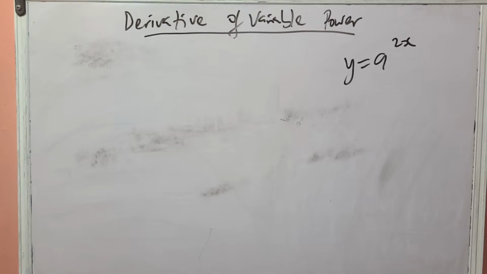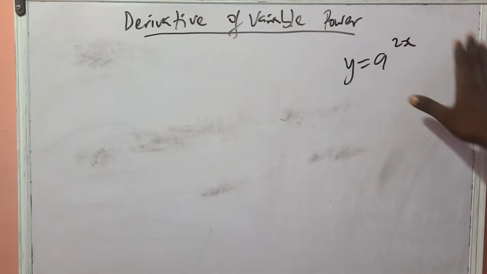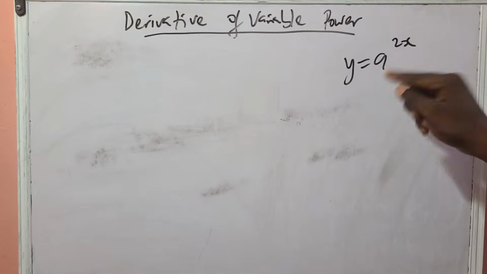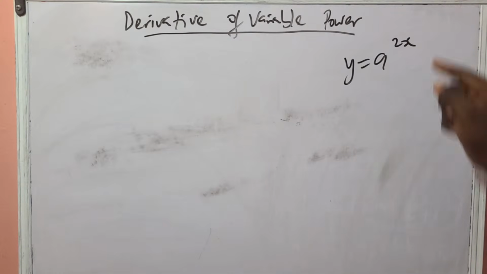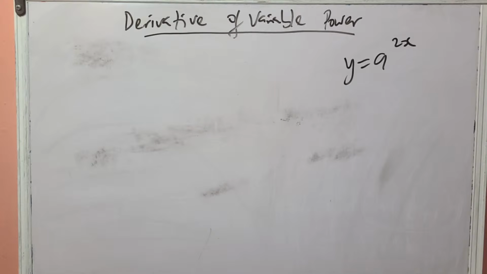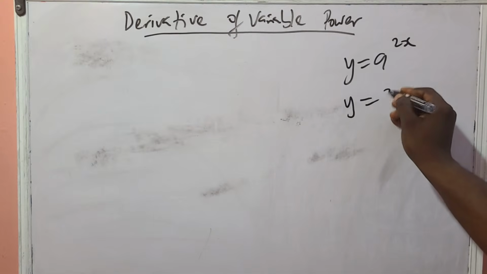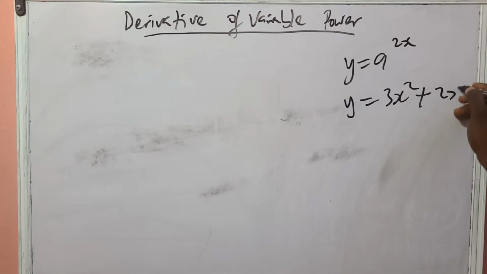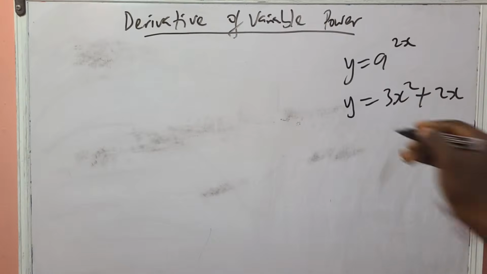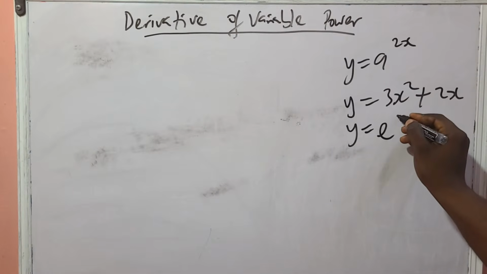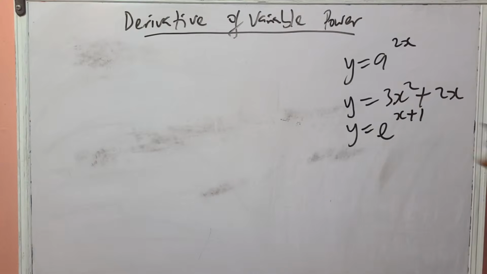I need to give you a bit of background on this. Everything we have been solving, we said exponential. In that case, you saw an e raised to power something. We said polynomial. When we said polynomial, you had a situation where you said y equals maybe 3x squared plus 2x. This is polynomial. So you were able to solve questions like this. We said exponential, you said y equals e raised to power maybe x plus 1. All right.